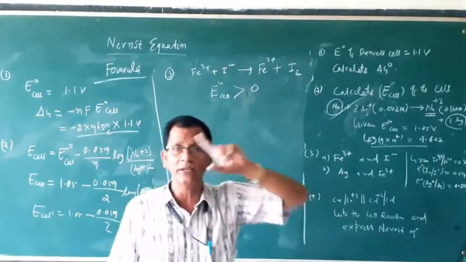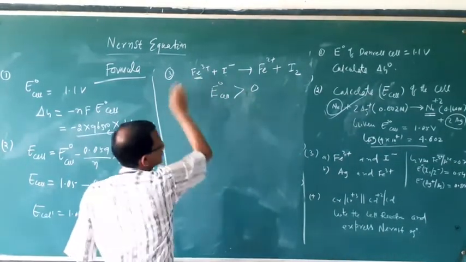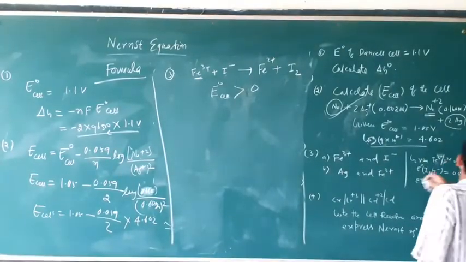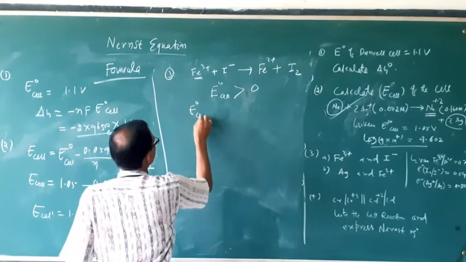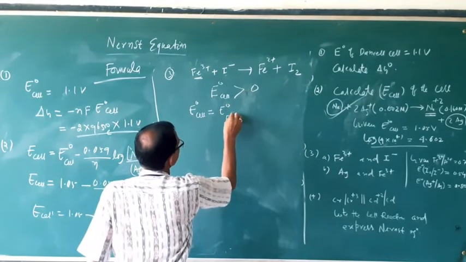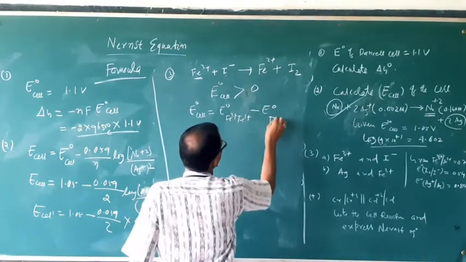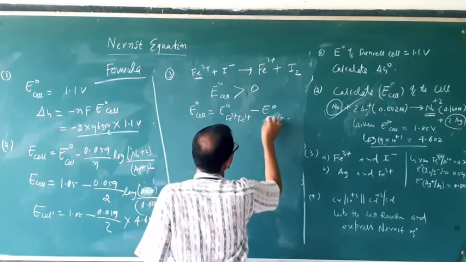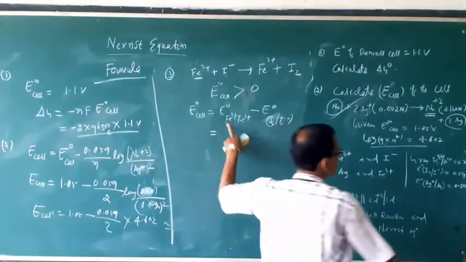The substance which is reduced acts as the cathode. So iron is reduced. The reduction potential of iron is 0.77. So E naught will be E naught of Fe3 plus to Fe2 plus minus E naught of I2 to I minus, because all are reduction potentials. The E naught value of iron, as per the question, is 0.77.